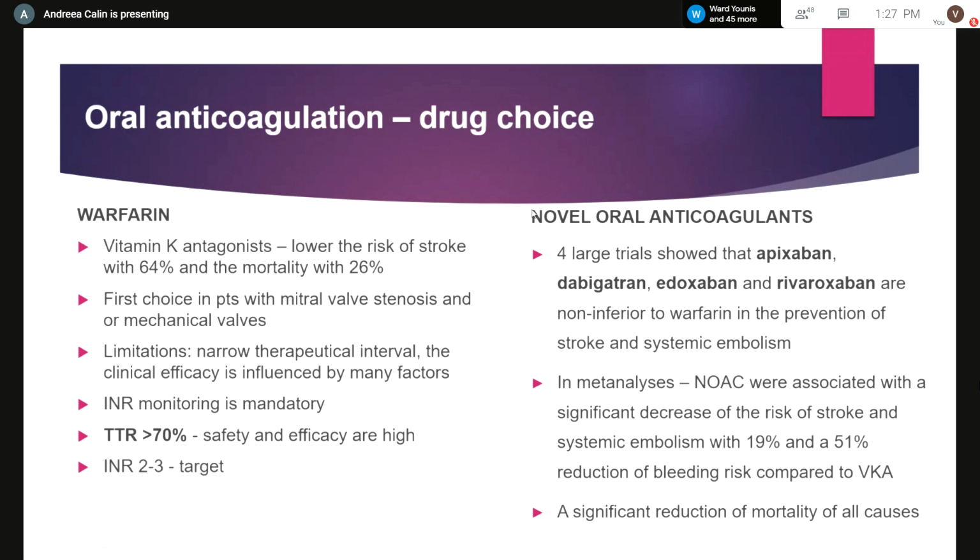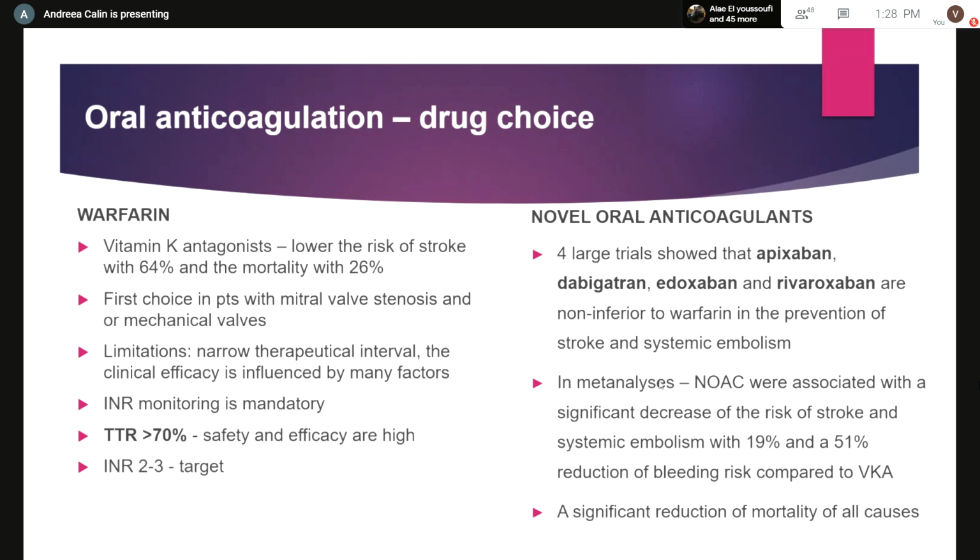Then we have the alternative of the novel oral anticoagulants. There were a lot of trials that show that these new drugs, that are direct inhibitors of factor Xa or thrombin, apixaban, dabigatran, edoxaban, and rivaroxaban, are non-inferior to warfarin in the prevention of stroke and systemic embolism.